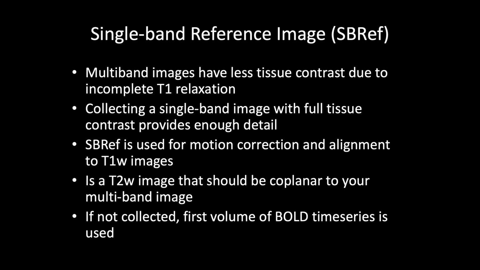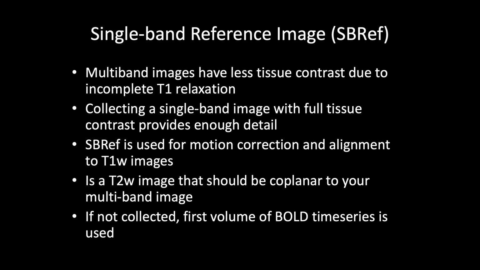And it's used for the purpose of motion correction, so that's the image that we end up aligning all of our other volumes to. It's also used for alignment with our T1 weighted image. If, like me, you don't collect one, you can use the first volume of the time series. And you've probably talked about the pros and cons to that.